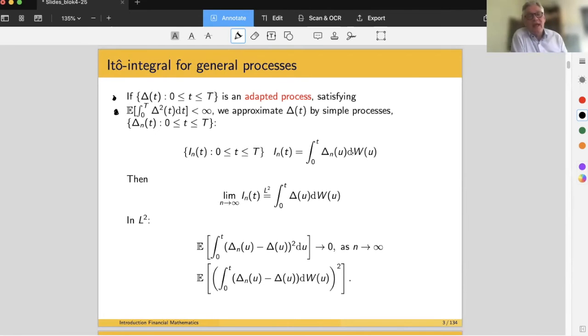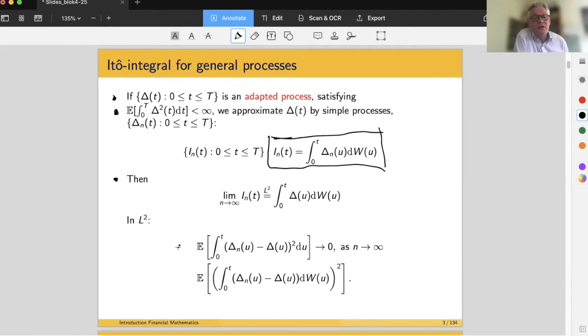And with this, we can prove convergence of these I_n in L2 for n to infinity, convergence towards the Ito integral for the general process, the integral from 0 to t, Delta_u dW_u.